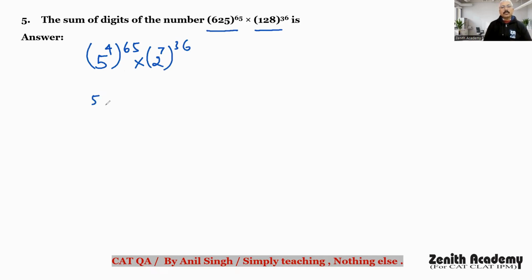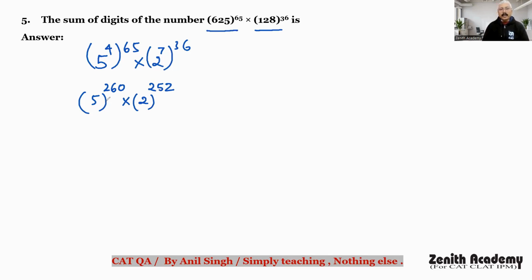So this is 5 to the power 4 into 65, 4 into 60 is 240, and 4 into 5 is 20, so 260. And this is 2 to the power 7 into 36, which is 252.